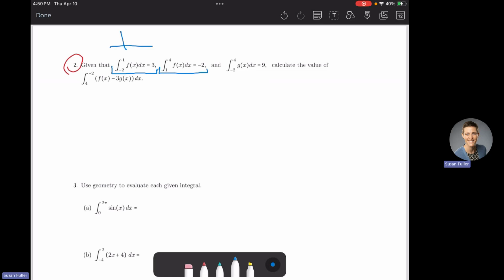So I've got f of x here. I don't know what it looks like, but I know that from -2, right, x equals -2 is over here, to 1, I know that this area is 3. And I know that from 1 to 4, this area over here is -2.